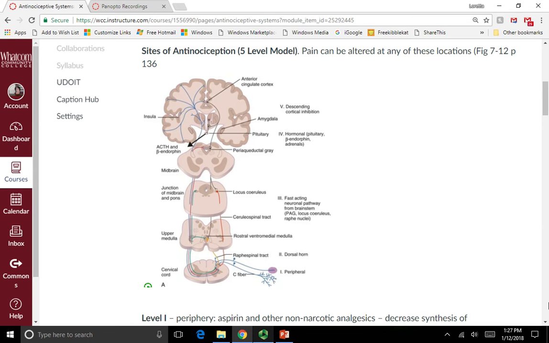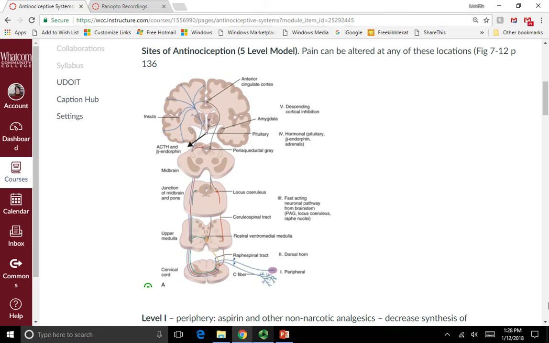You can alter pain at the dorsal horn, and that's our counter-irritant theory. That's level 2. Level 3 is a descending control. It's a fast-acting neuronal pathway from the brainstem, from the periaqueductal gray area, the locus ceruleus, and the raphe nuclei. Those are nuclei in the brainstem that have a descending pain control.